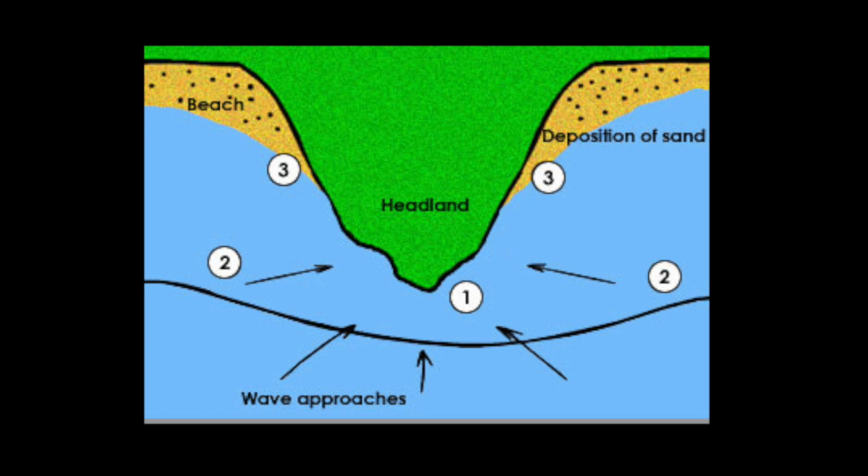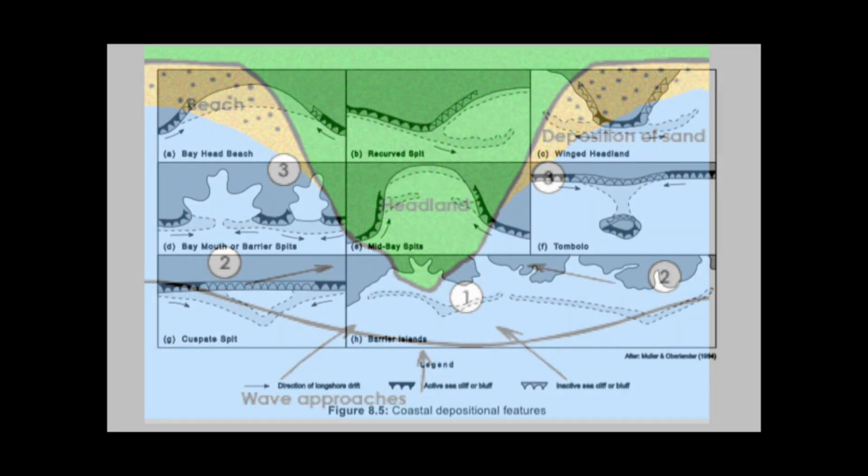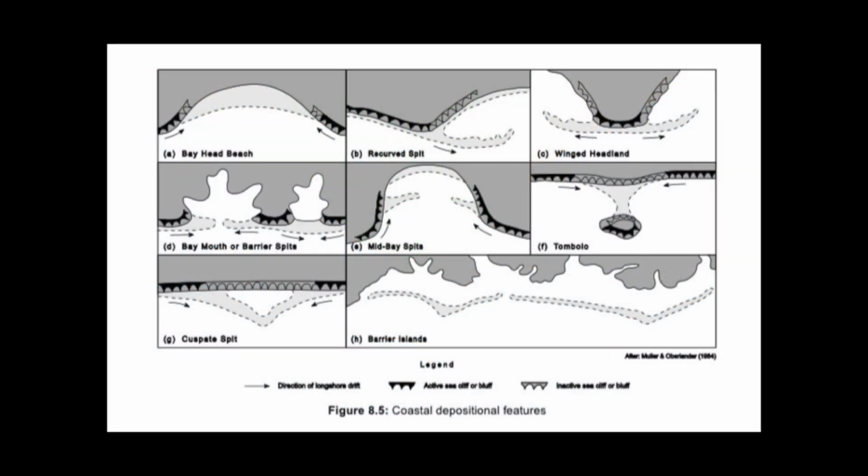Winged headland. When the bars or elongated deposits of sand, pebbles and cobbles are formed on either side of the headland, such headlands are called winged headlands. The deposits on either side of the headland form the bar resembling two wings.